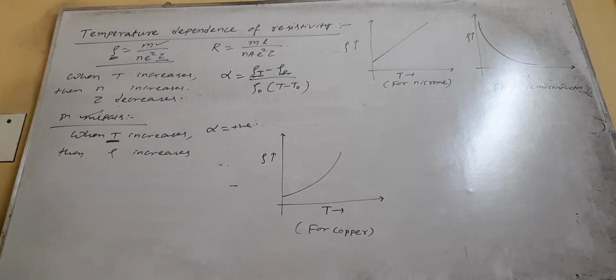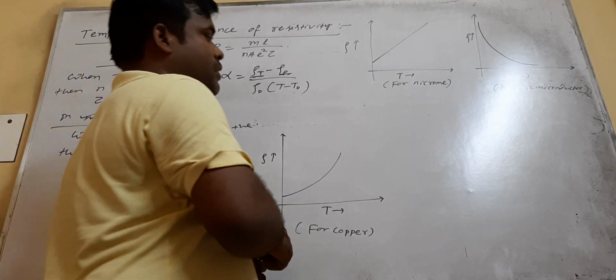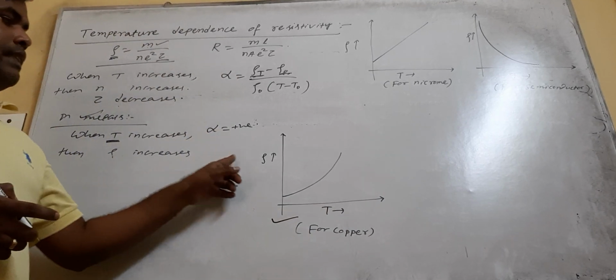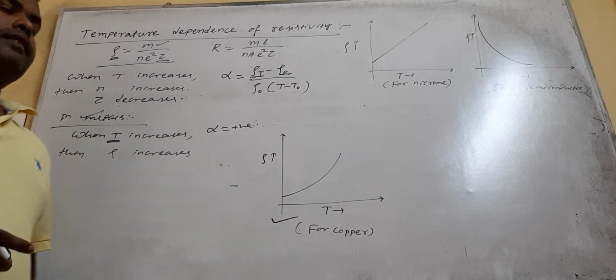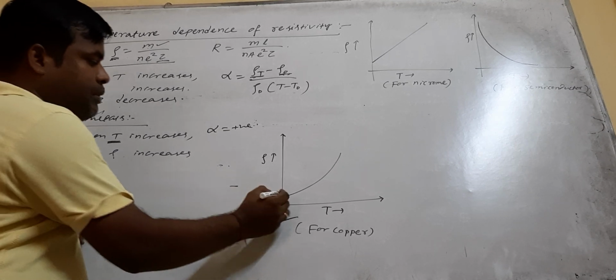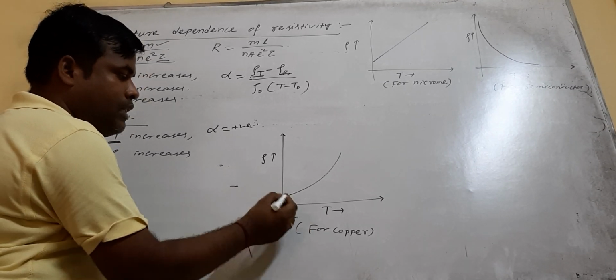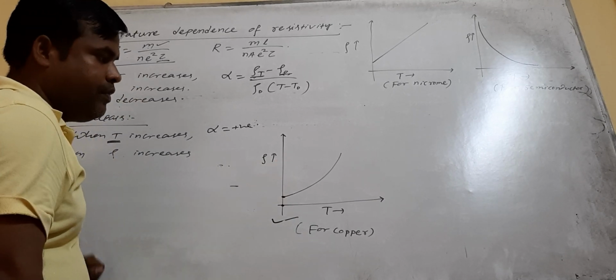Now these are the graphs. It is for copper or metal. You see the resistivity versus temperature. The graph will be like this. It is non-linear, it is parabolic. And you see the graph starts from here, not from zero, because copper has some resistivity even at 0 temperature.